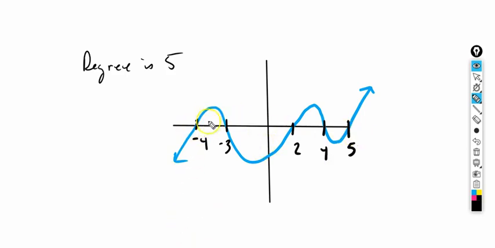Then what are the zeros? Well, I can see I have an x-intercept at -4, so -4 is a 0. I have an x-intercept at -3. I have an x-intercept at 2. I have an x-intercept at 4. And I have an x-intercept at 5.